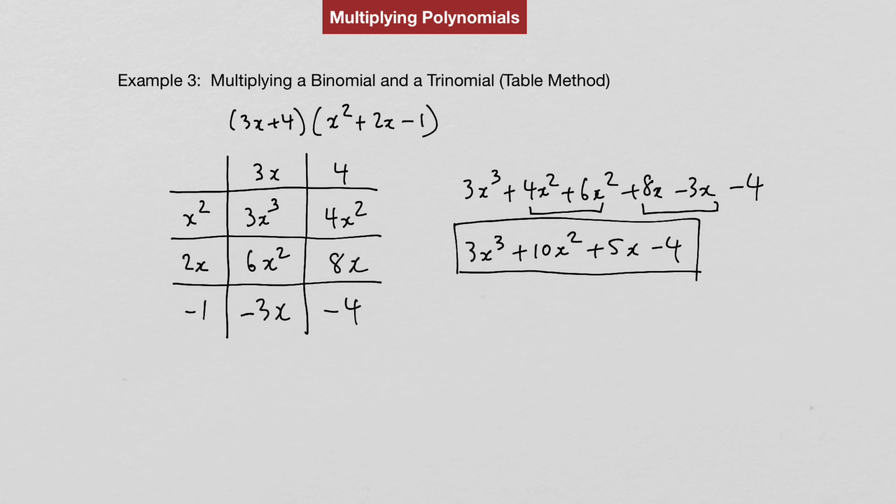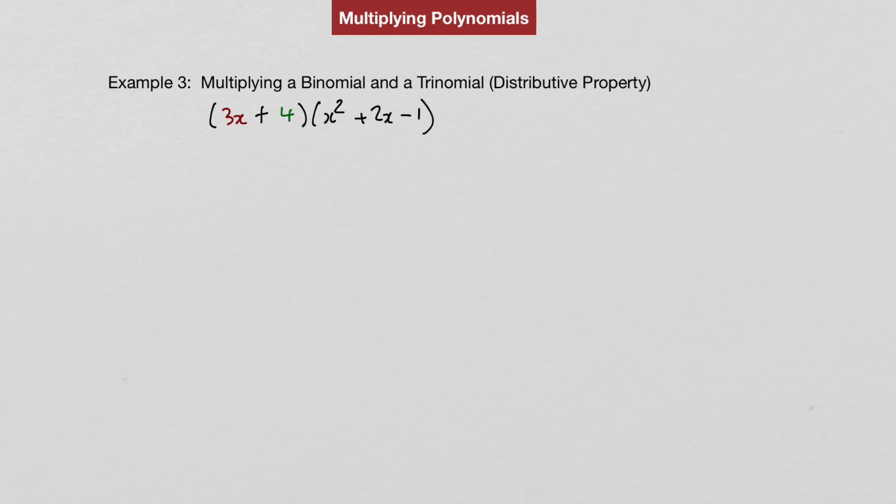Now if we use the distributive property method, we would do the following. We would take 3x and multiply that by x squared plus 2x minus 1, and that would give us 3x cubed plus 6x squared minus 3x. What I did was take 3x and multiply it by the first component to give 3x cubed.